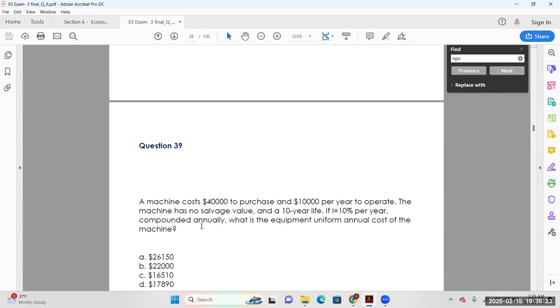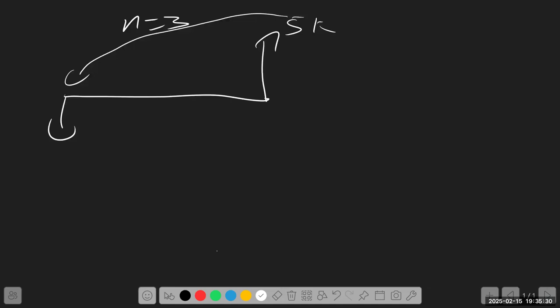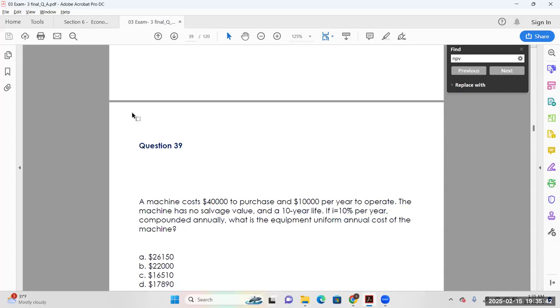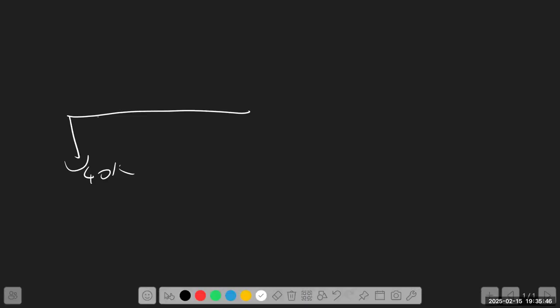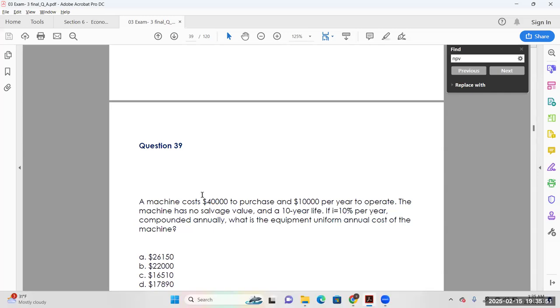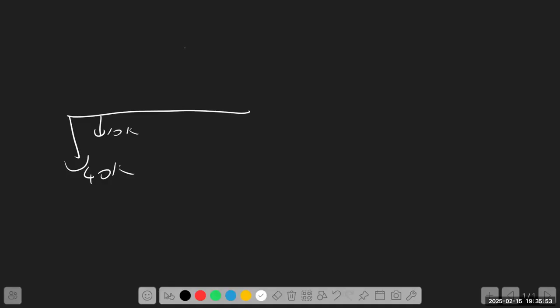Okay, I'm not getting these answers. Can you explain it? Yes, sure. So here 40,000 is my investment and 10,000 is the annual operating cost. 10 years, no salvage value. n is equal to 10.